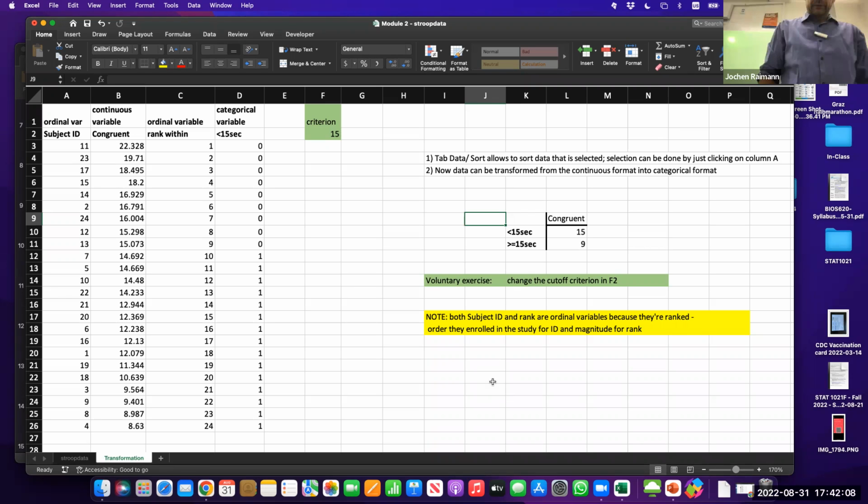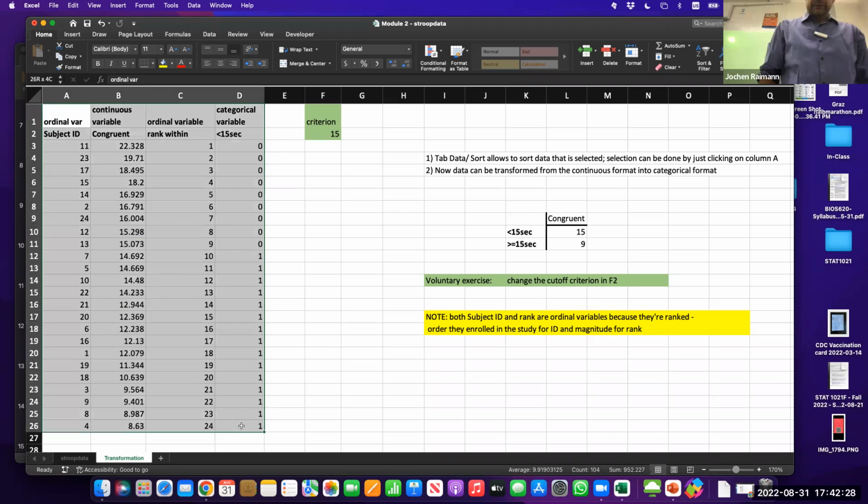So to keep it simple, I defined here a categorical variable. We're only capturing those that were faster than 15 seconds. This can easily be done because you can sort data, right?